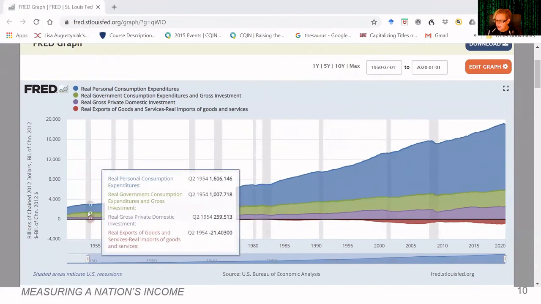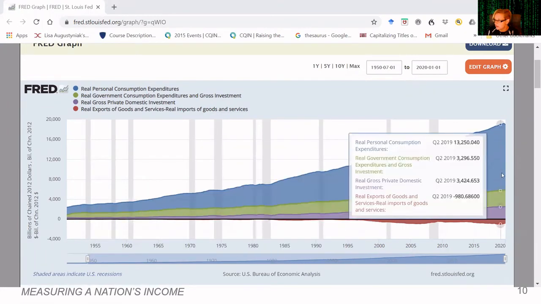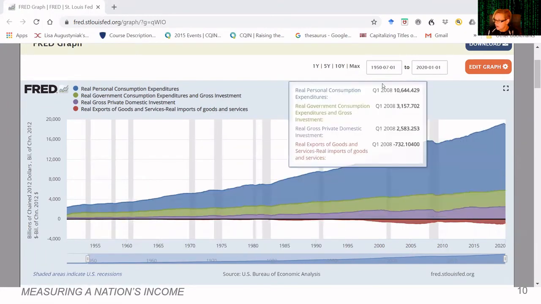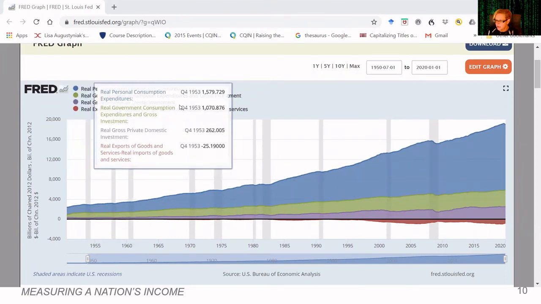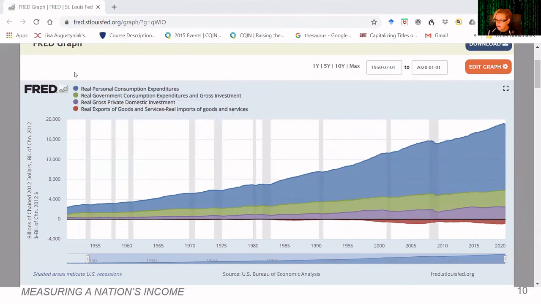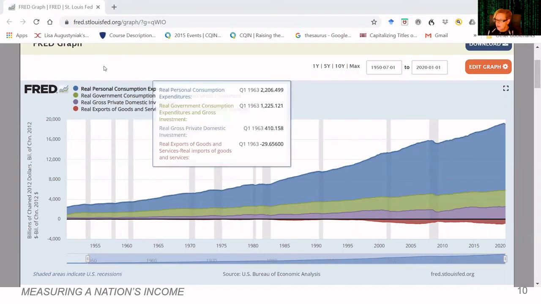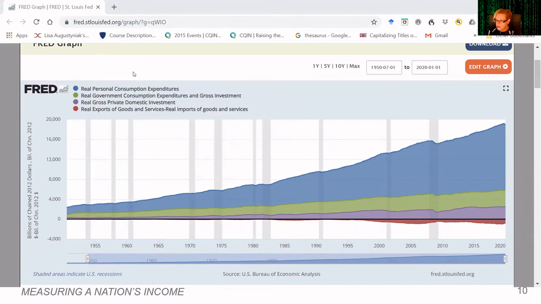Okay, so here is the Federal Reserve Economic Database. I wanted it live because look how cool this is. You can just hover over and it'll tell you exactly what the numbers are. Let me see if I can get out of that for just a second. Notice again, here we have the real consumption, gross investment, domestic investment, and exports and imports. So we have all of our national income identities here.